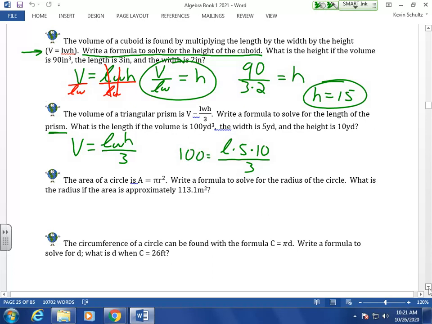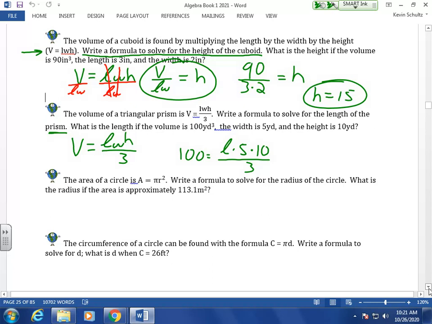What would my first step be here if I asked you to solve for L? Let's look at it with the numbers plugged in here. What would I do first? I keep saying H, I mean L. What would I do first here to solve for L?